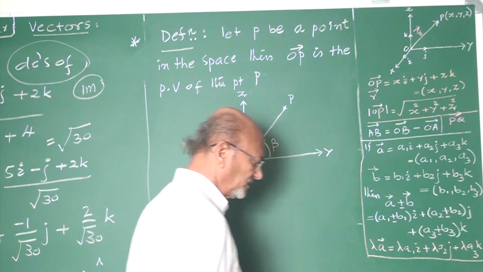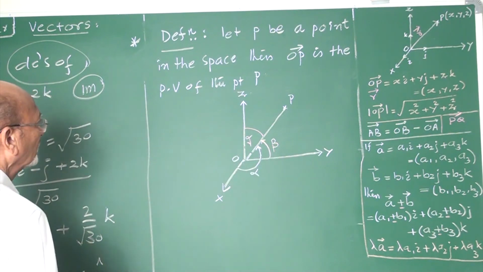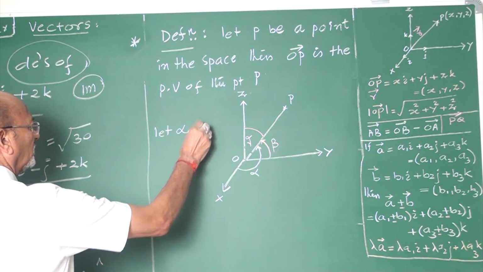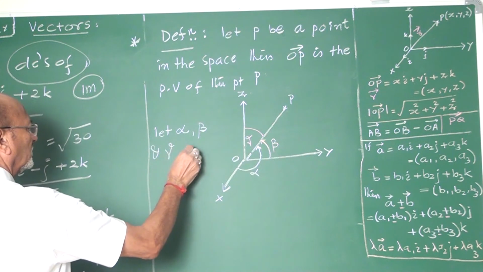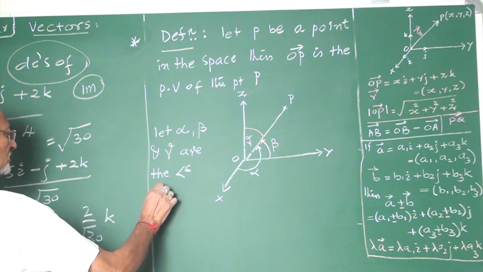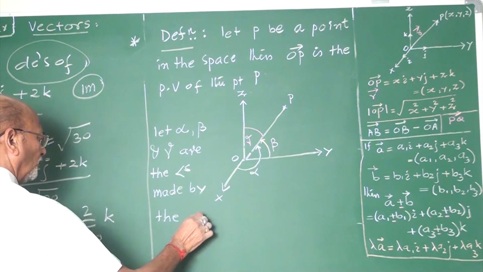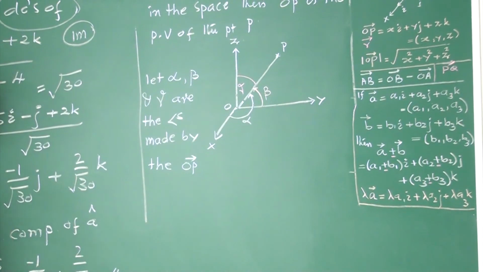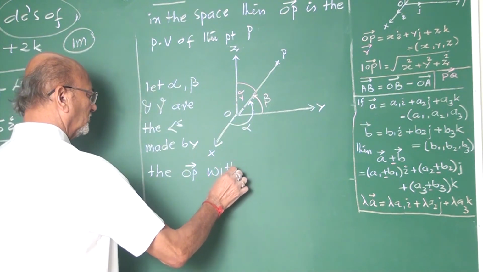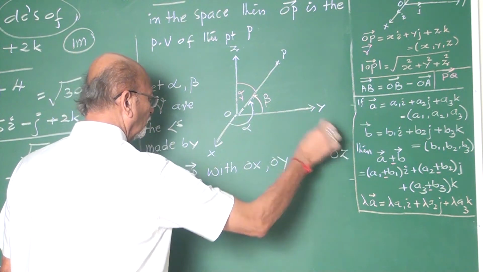Yes, my friends, the same thing I write now. Let alpha, beta and gamma be the angles made by the vector OP with OX, OY and OZ.